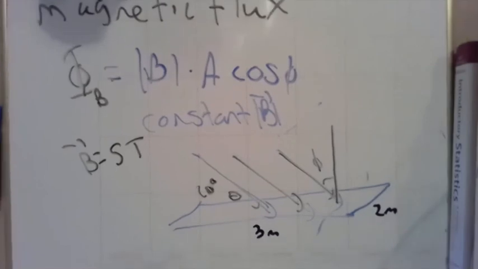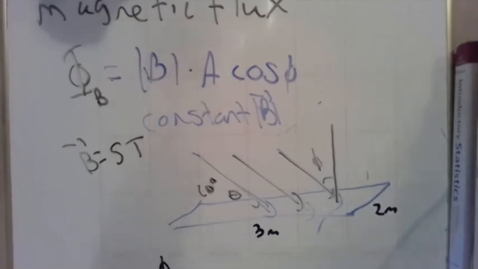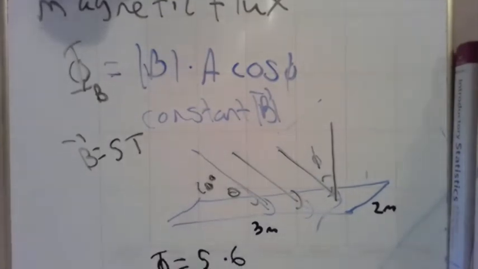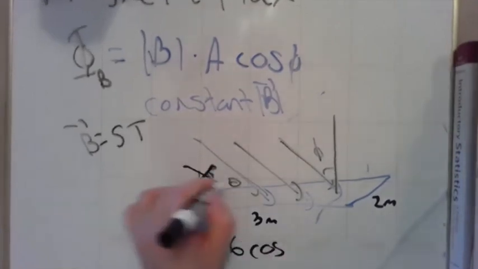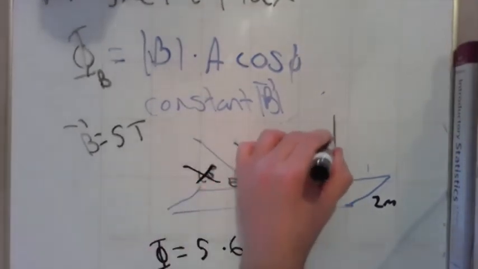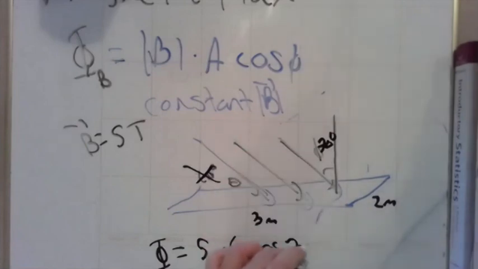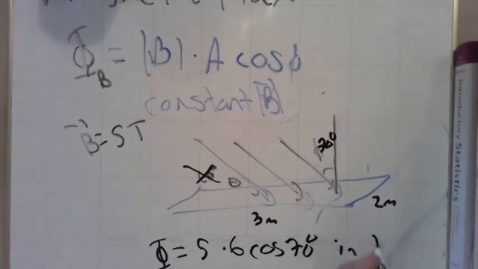Then the amount of flux that passes through there would be the magnitude of B, 5, times my area, which is 6 square meters, times cosine of not this angle, which would be 70 degrees. And then whatever that is, I don't feel like typing that in. That's going to be measured in Tesla per square meter.